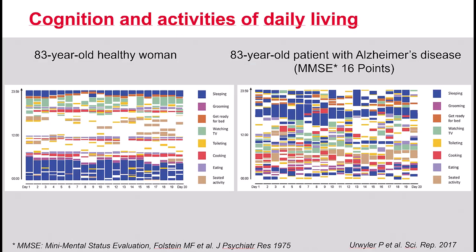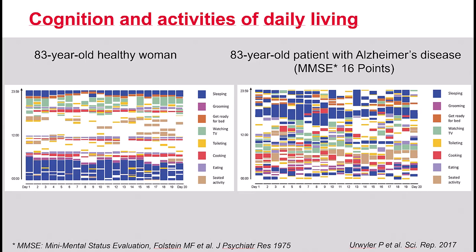And this then looks like this one here. So have a look at the left side. You see here recognized activities from an 83-year-old healthy woman. And you see on the x-axis 20 days, so day 1 to day 20. And you see on the y-axis the time of the day.